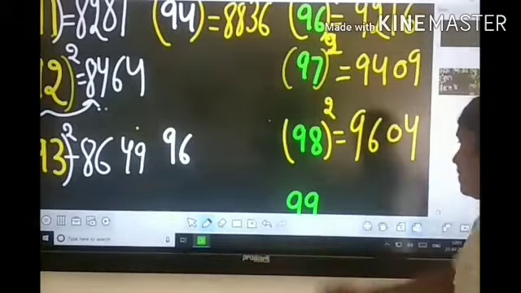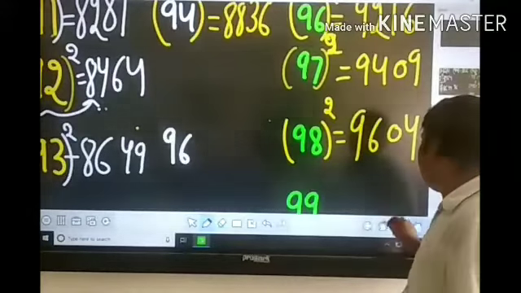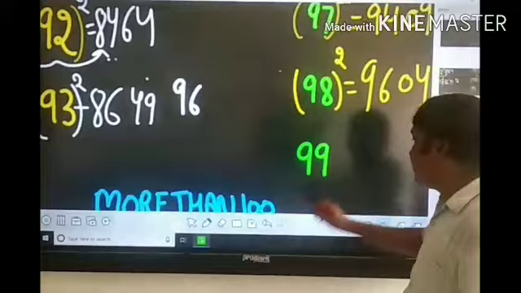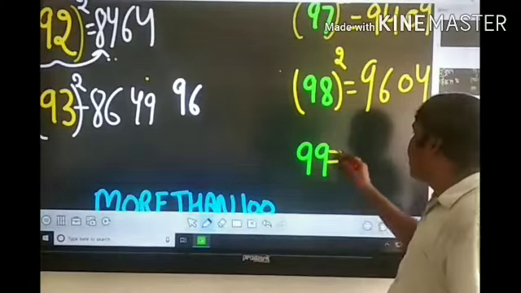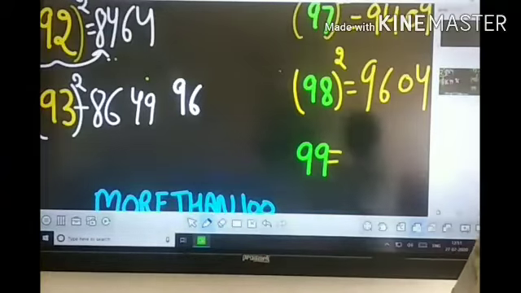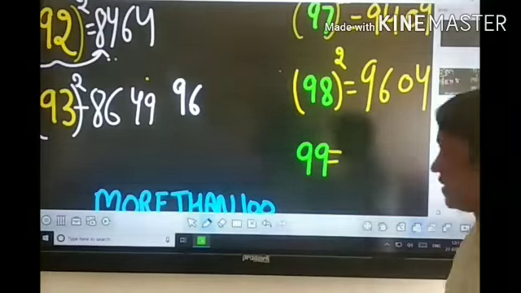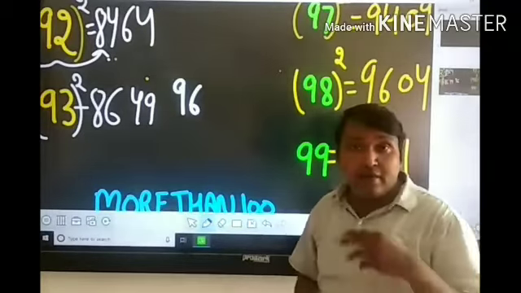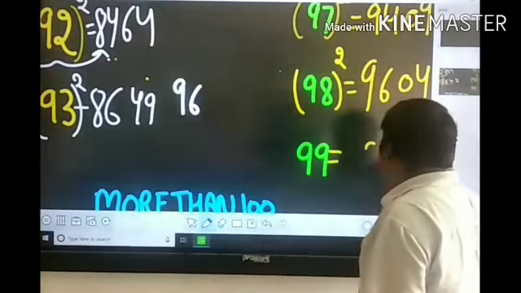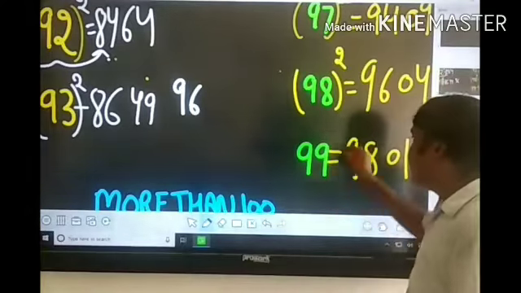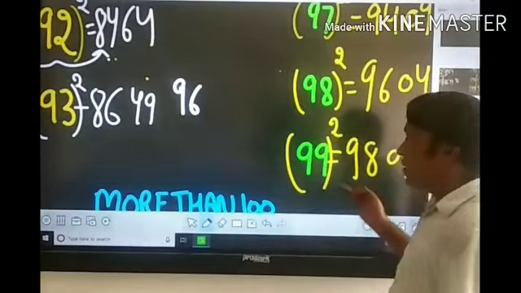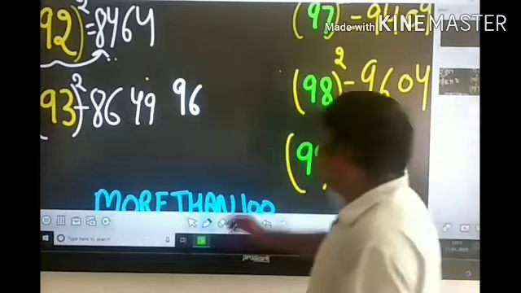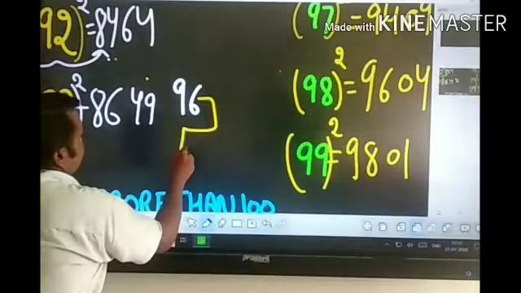Now 98 minus 2 is 96. Now the last one is 99. 99 is 1 less than 100. Okay, so you multiply 1 with 1, the answer is 01. And you will subtract this 1 from 99. The answer is 98. So 99 square is 9801.